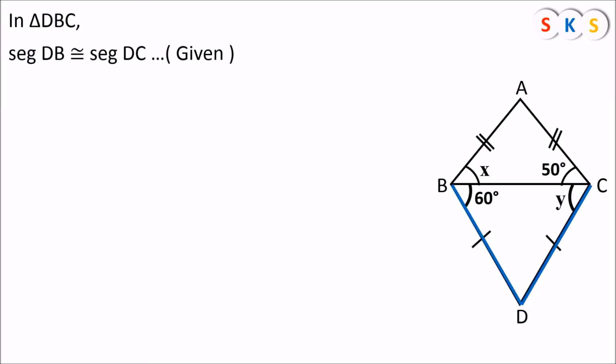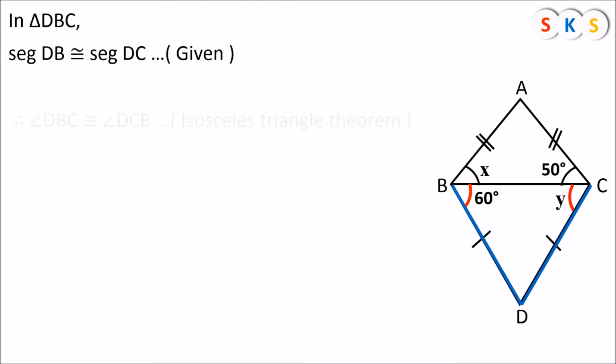And we know that if two sides of any triangle are equal, then the angles opposite to them will also be equal. Angle DBC and angle DCB are the angles opposite to those two equal sides. Therefore angle DBC is congruent to angle DCB according to the isosceles triangle theorem.